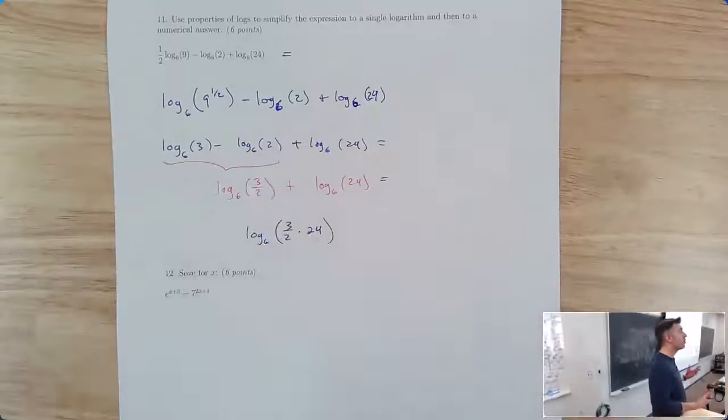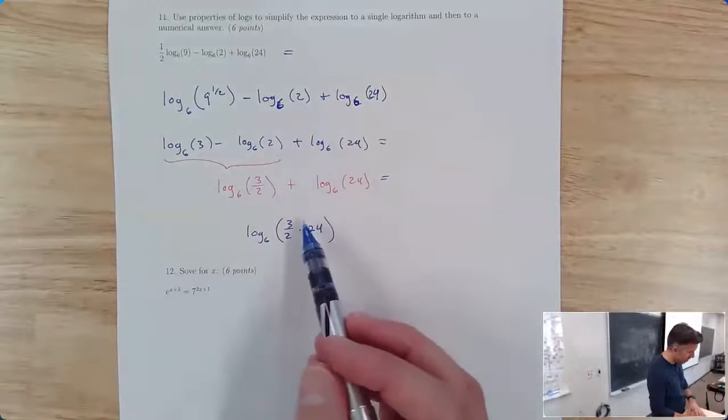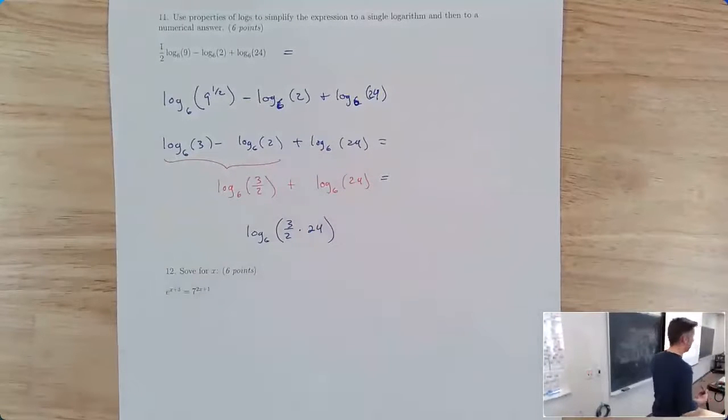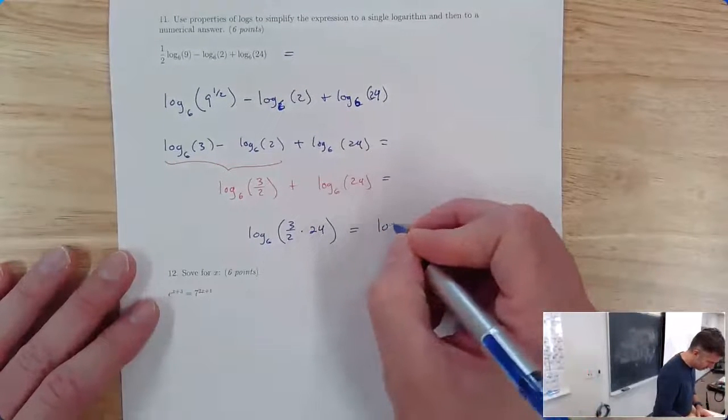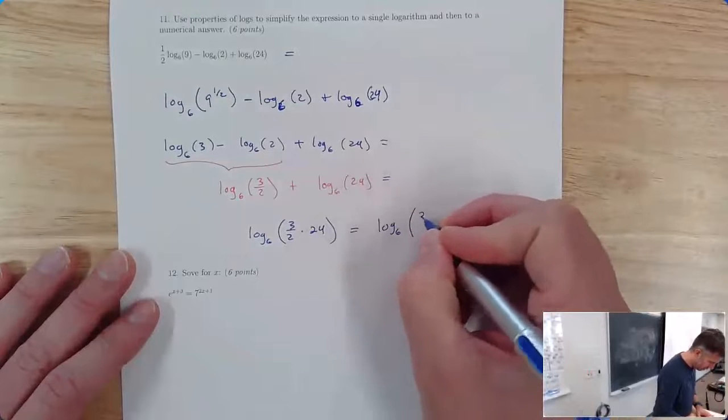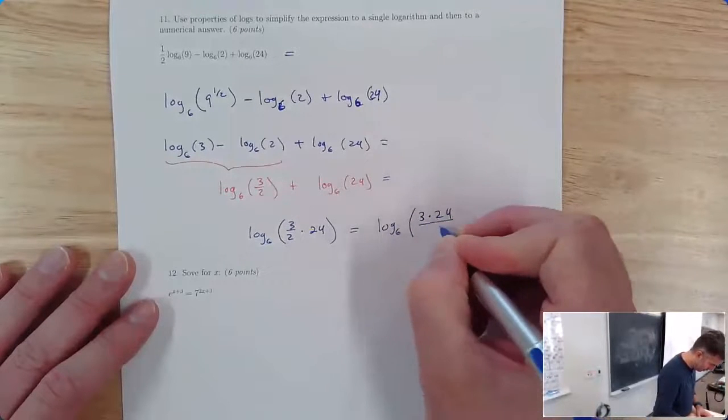And that's kind of always true when you're adding and subtracting logarithms together. All the logarithms that are being added, the things that they're the logarithm of end up in your numerator, and the things that are being subtracted end up in the denominator. So simplifying this, we have log base 6 of 3 times 24 divided by 2.